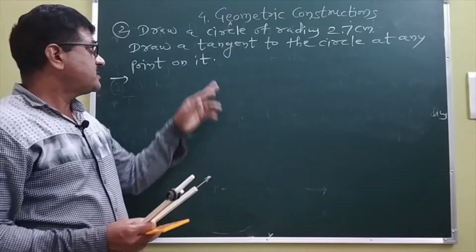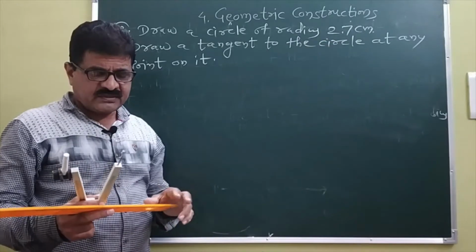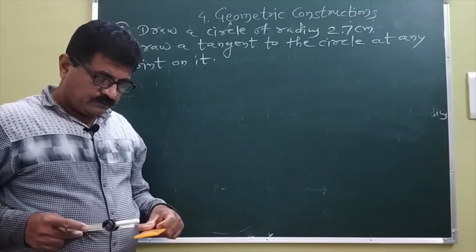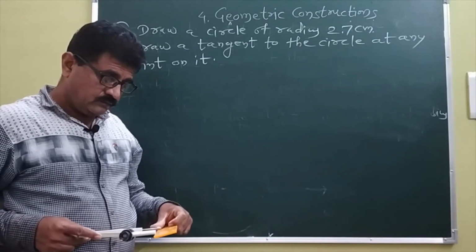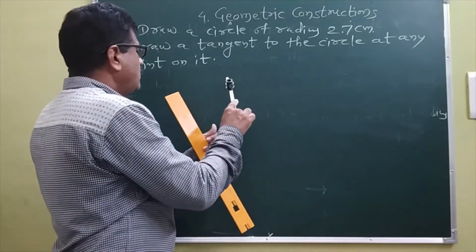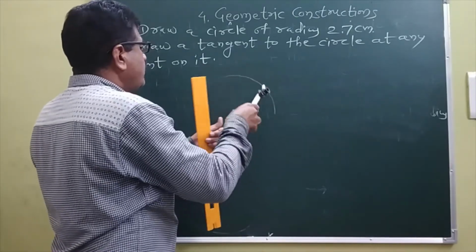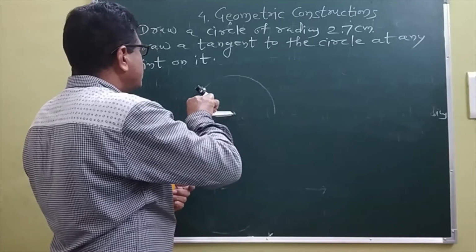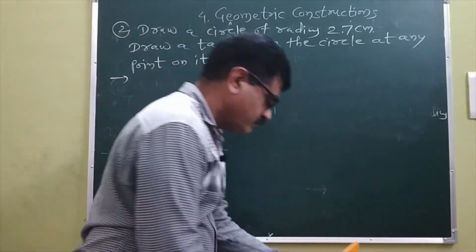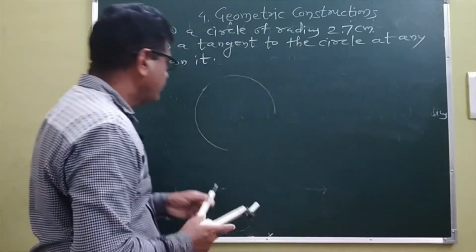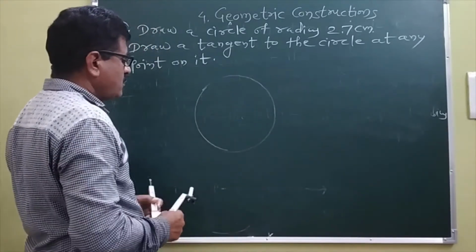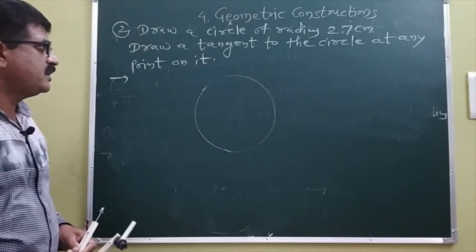Therefore, the first step is to take a measurement of 2.7 centimeter. Draw a circle of radius 2.7 centimeter.